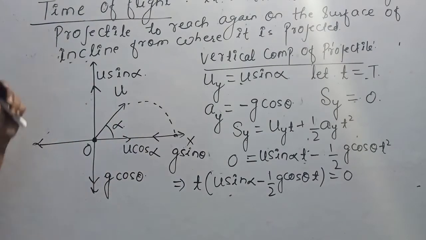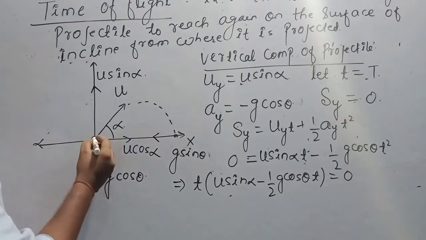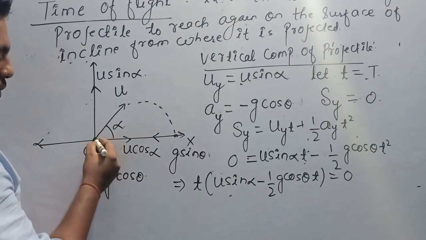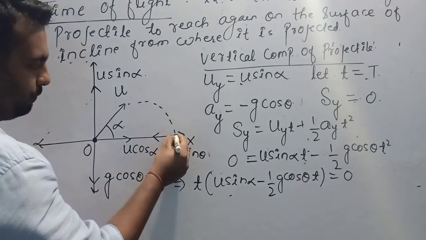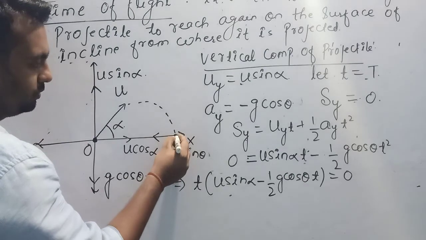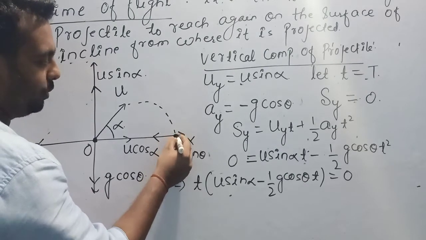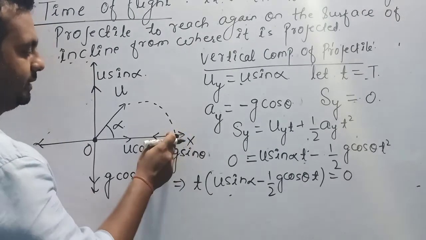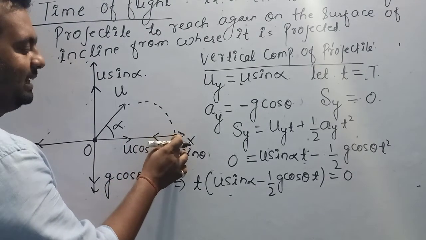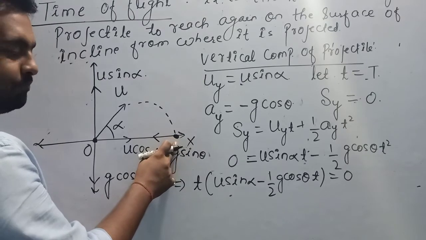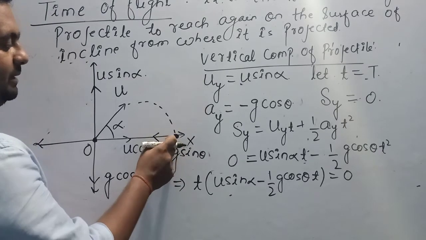So we have to calculate how much time this projectile takes to reapproach the ground. When it reapproaches the ground, the coordinate of this point will have some x component, but its y coordinate will be 0.